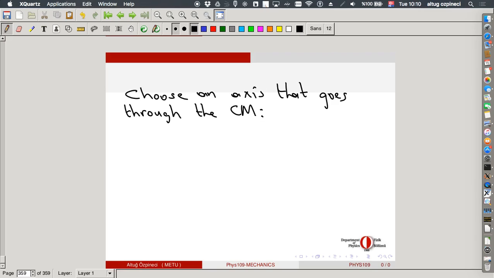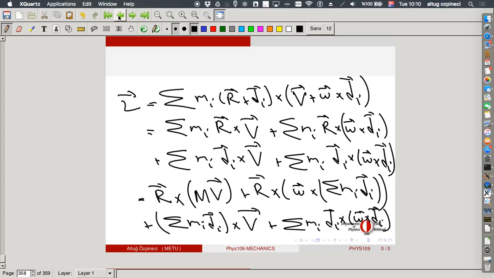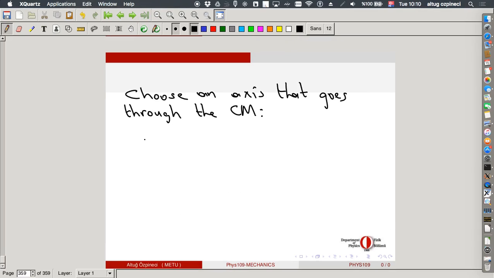Now, if you choose an axis that goes through the center of mass, then this would be 0.